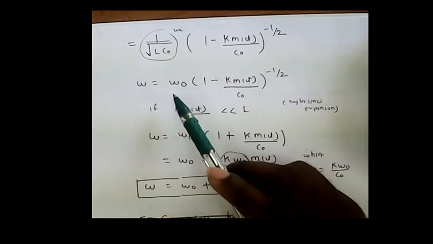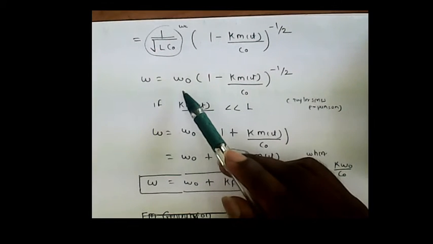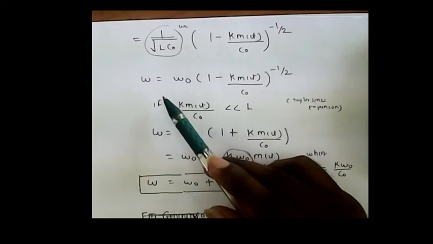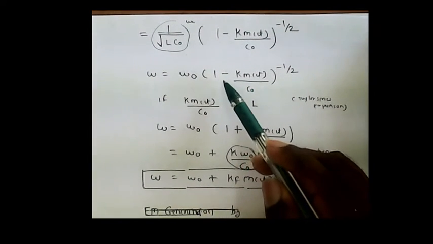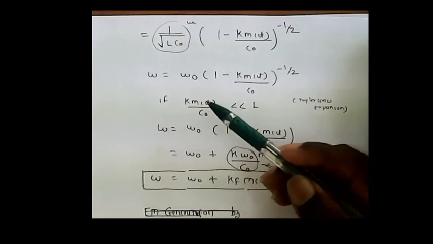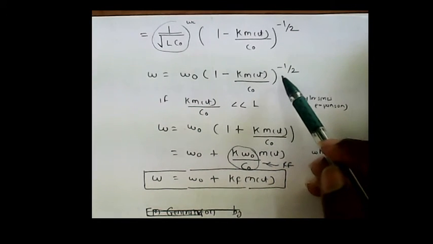So the final frequency omega, which is the modulated frequency of the FM modulation, is omega0 times (1 plus K m(t) divided by C0) to the power minus 1 by 2.